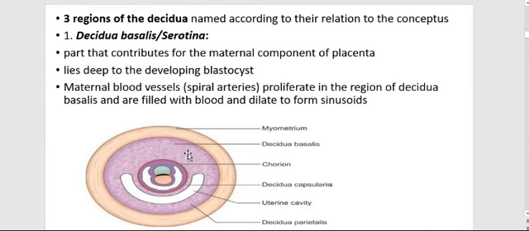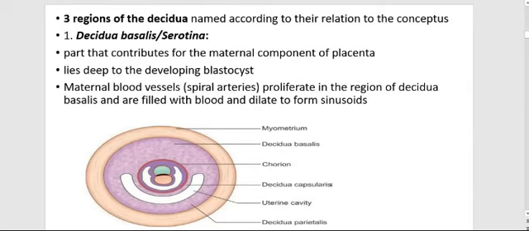When the syncytial trophoblast is eroding the decidua for implantation, some of these spiral arteries will be eroded, and they'll open up and fill the lacunae with blood. There will be lacunae which develop in the syncytial trophoblast. As the erosion is taking place, these eroded spiral arteries open up and fill those lacunae with blood.